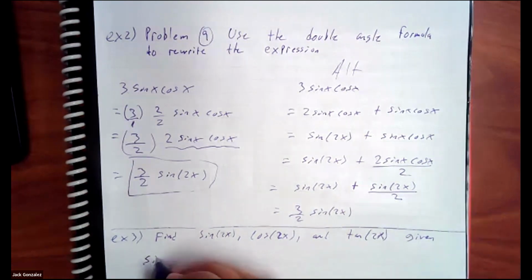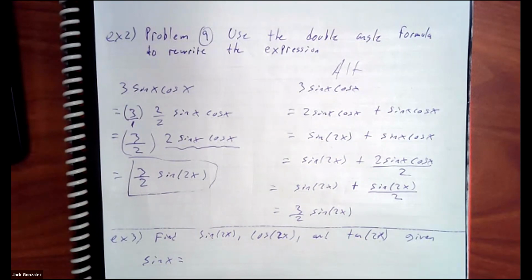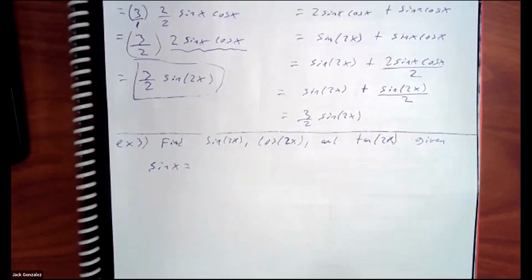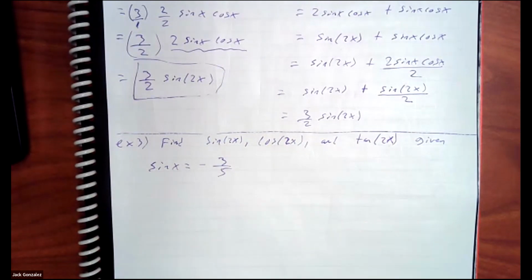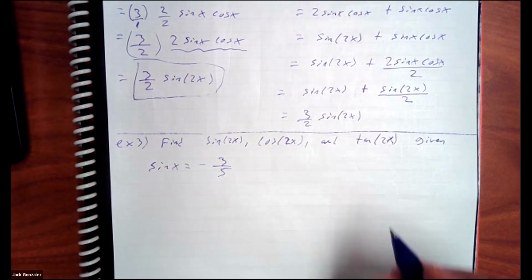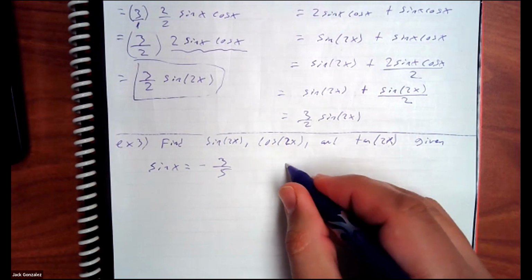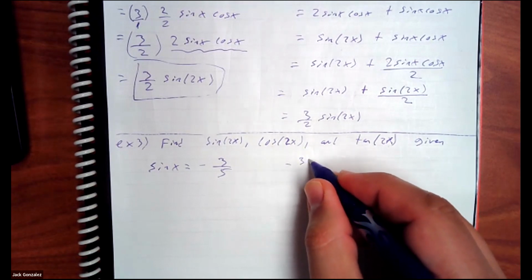Given that sine x is equal to -3/5. I think they have to give you this information here. Pretty sure they did.